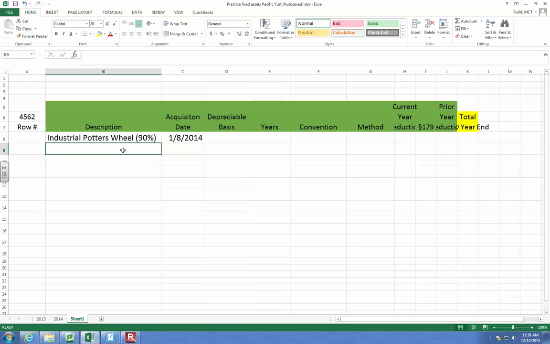The second thing that I buy is a commercial or a dual axle truck to move my pottery to trade shows. And I buy that as I get ready to go to my first trade show.